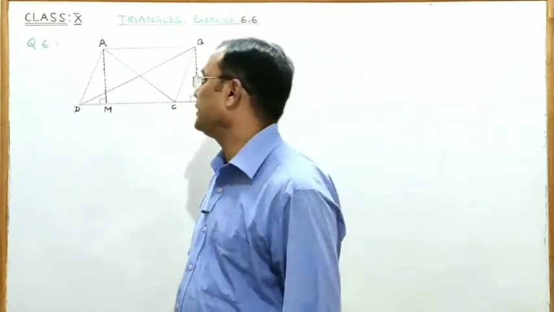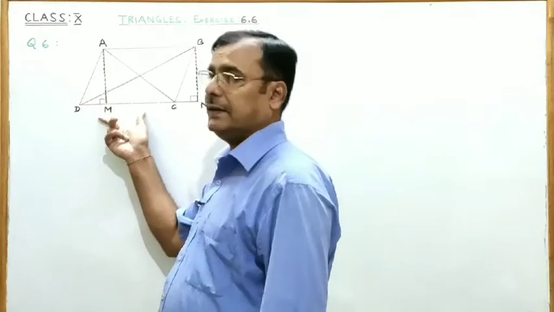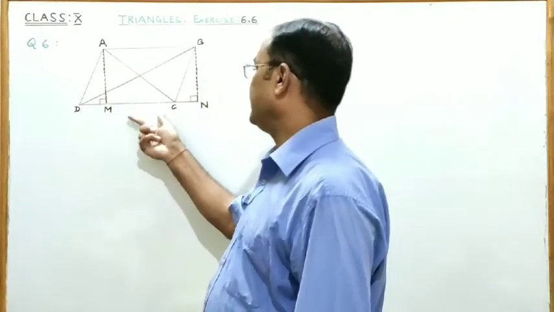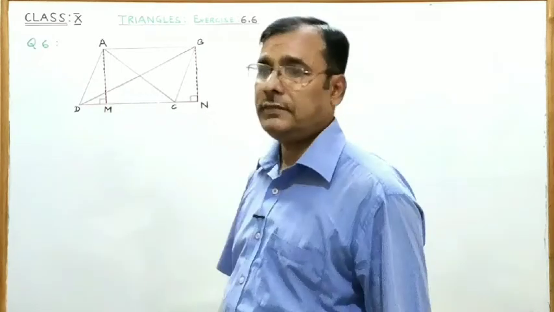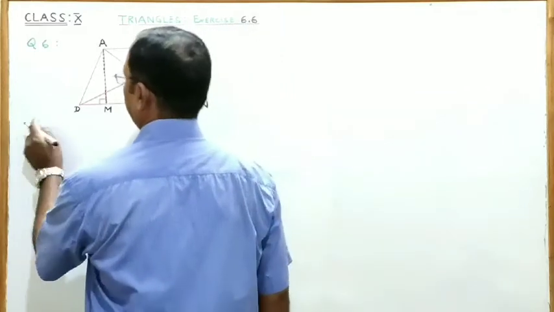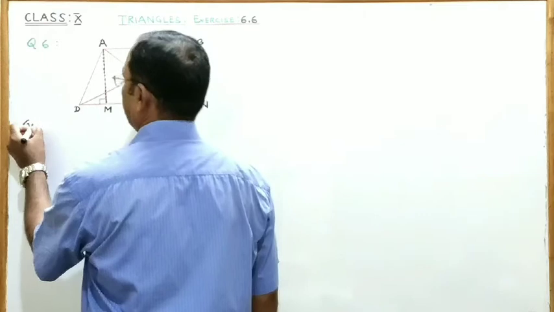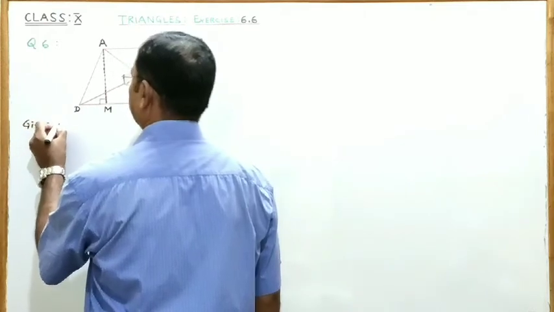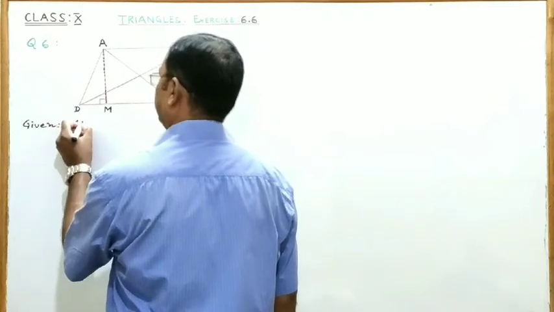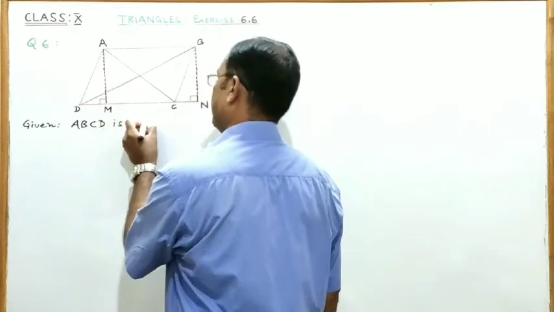To prove this result, we have drawn AM perpendicular to DC and BN perpendicular to DC produced. So let us write given and to prove, then we shall start proof. Given: ABCD is a parallelogram.